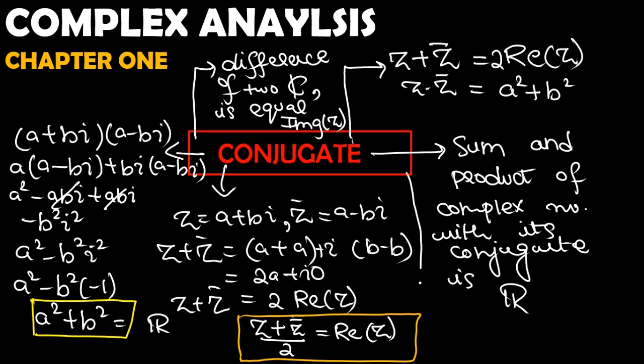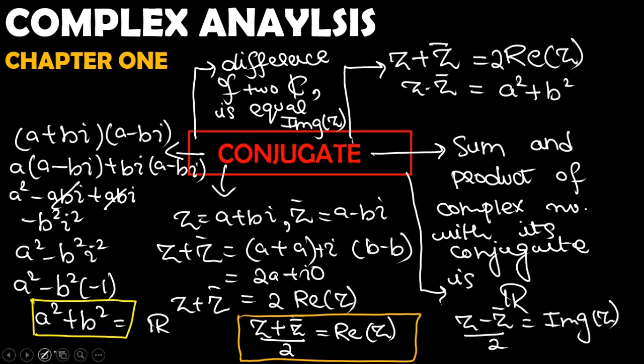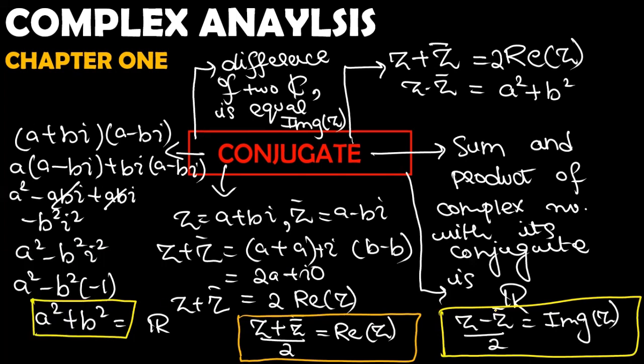You can verify it that z minus z bar over 2 is equal to the imaginary part of z. You can verify this in the same way as I did it for addition. You can find it in your notebooks and verify that result: with a minus b iota, z minus z bar over 2 is equal to the imaginary part of z. So these three formulas are very, very important, and we will use them in our questions. Okay, so these are very important things.